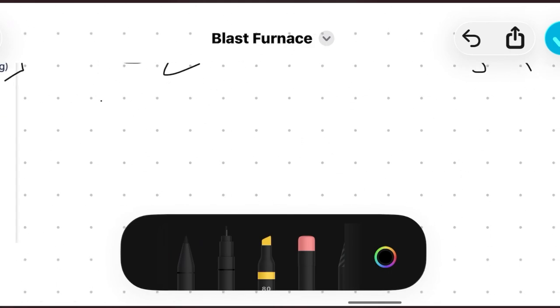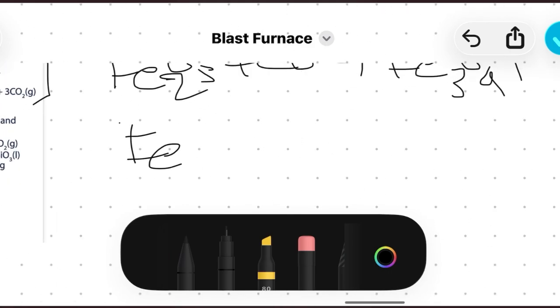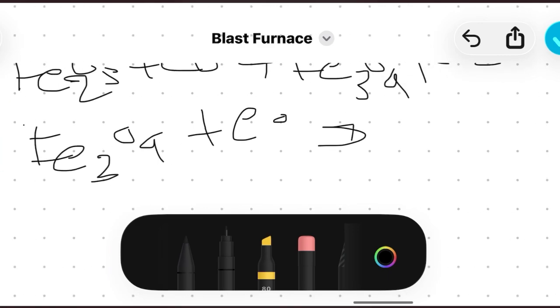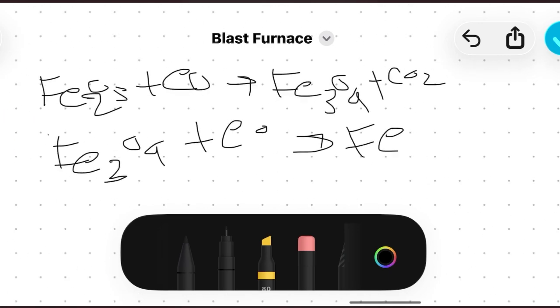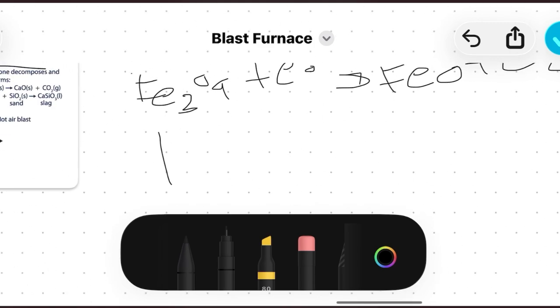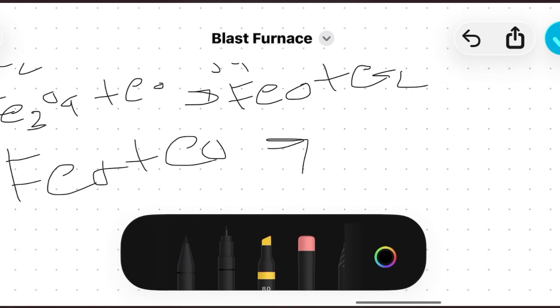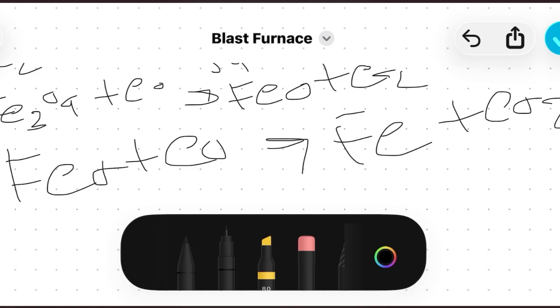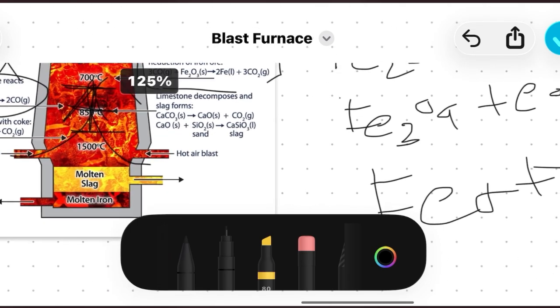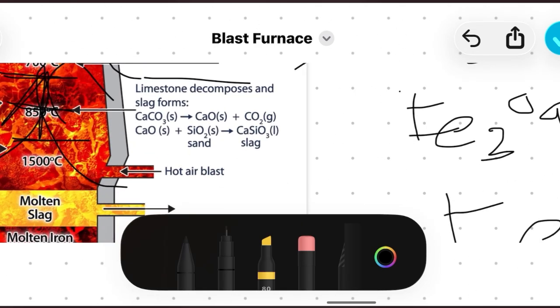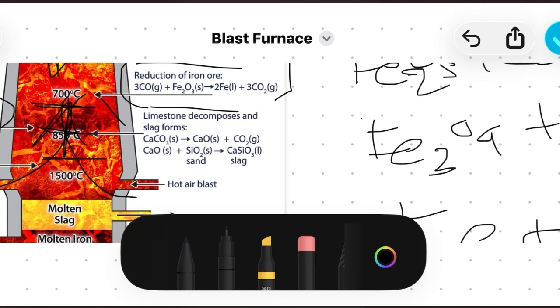Then magnetite Fe3O4 reacts with CO, which creates FeO, called wustite, and CO2 gas. Then FeO wustite reacts with carbon monoxide, which creates Fe plus CO2, carbon dioxide gas. Here you get Fe, our main product, and there is also slag.